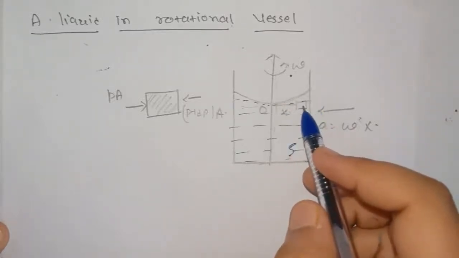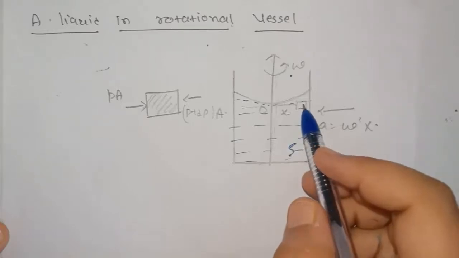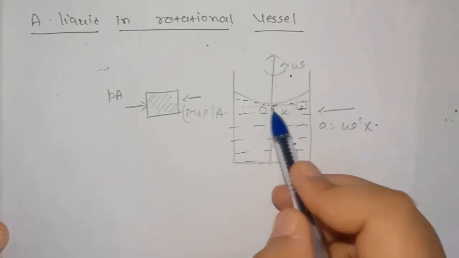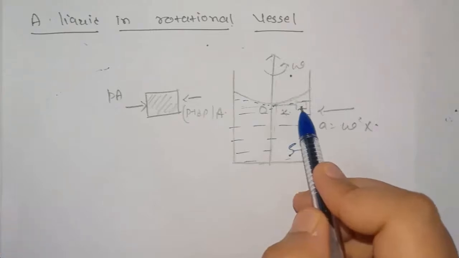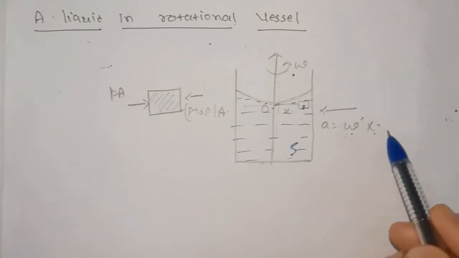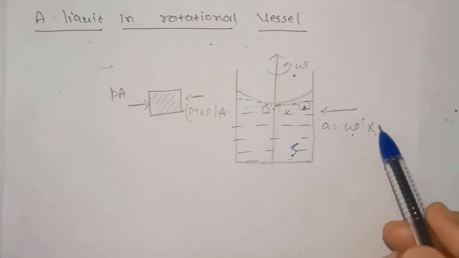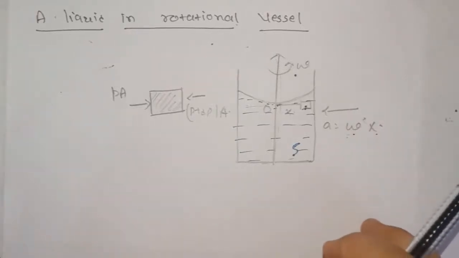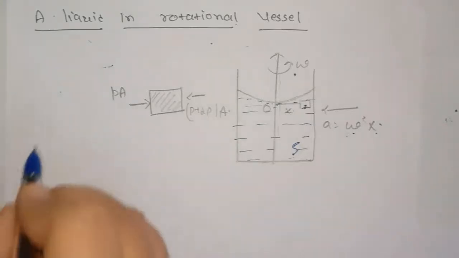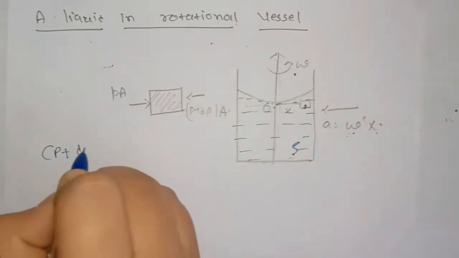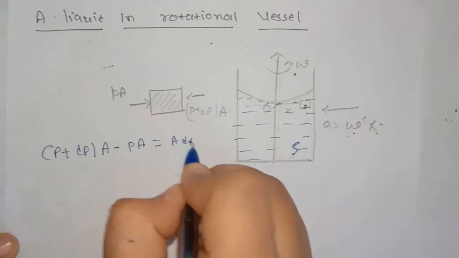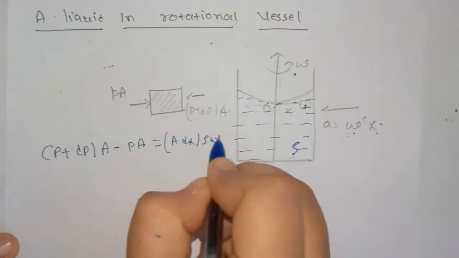Considering a small cylindrical element of length dx at a distance of x from the center, in inertial frame, the acceleration of this element will be omega square x, that is centripetal acceleration. The necessary centripetal force is provided by the pressure difference, that is (P plus dp) into A minus P A is equal to A dx into rho omega square x.